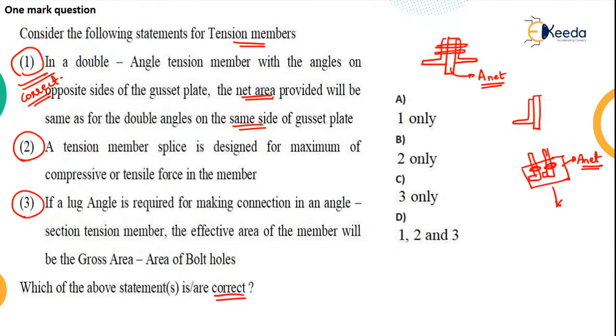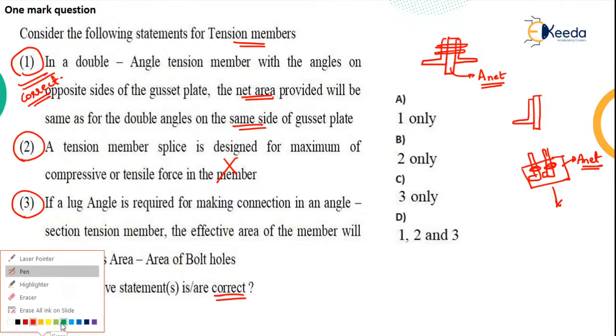Moving on to the second statement. A tension splice member is designed for maximum of compressive or tensile force in the member. This is absolutely wrong. So what is the exact correct thing?